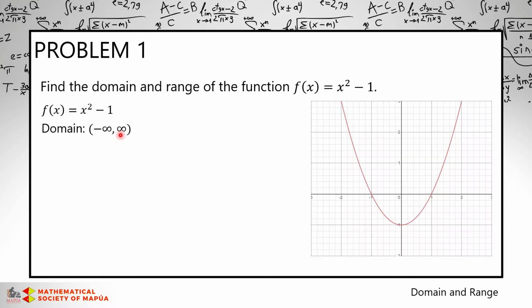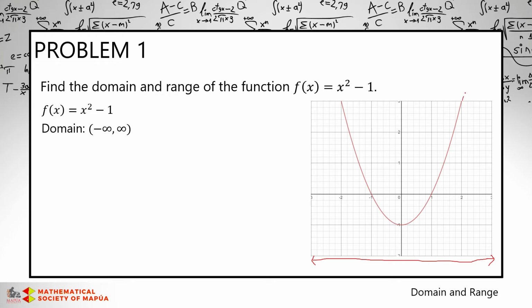And if we check the graph, ito kasi yung graph natin is a parabola facing upwards. Kung makikita nyo yung value ng x, di ba ito yung x natin? Kung makikita nyo, yung x is nag-extend siya to the right.